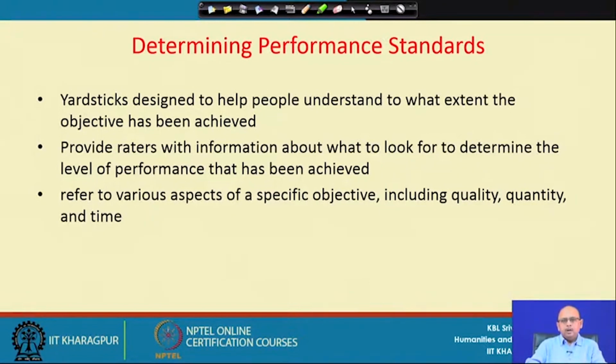For example, how many, what kind of product you have sold and within which period, right. Suppose it is a financial year and you expect a salesman to sell a number of products within a time frame, say 6 months; that is time, and what kind of product you are selling is quality, right. So, everything is to be covered when you are talking about specific objectives, and that is how we go about determining performance standards.